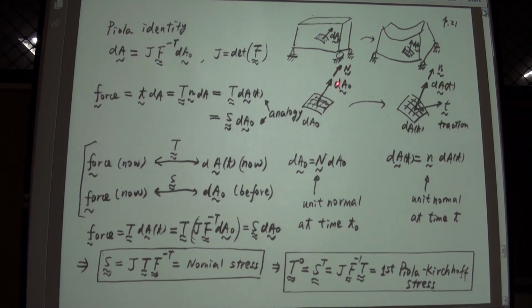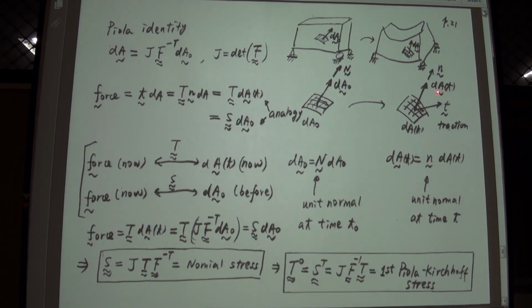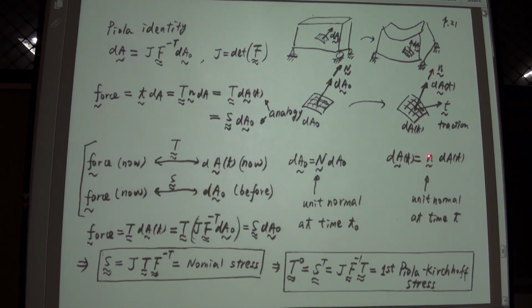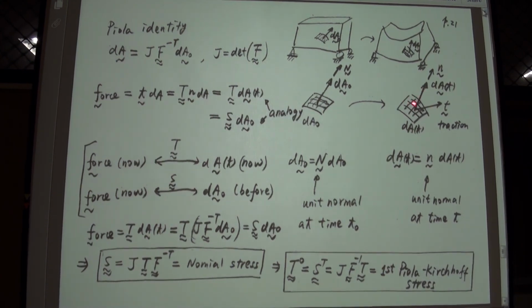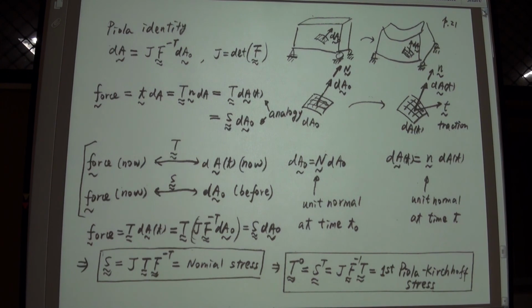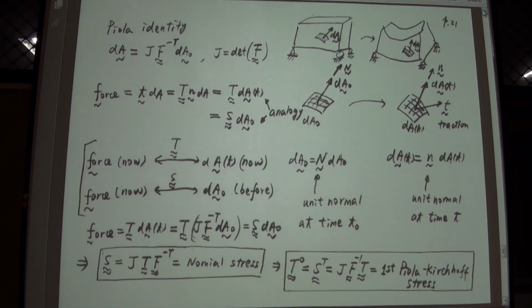Okay, we have an n here, and the dA vector is dA times small n. So in different configurations, in the current configuration we have the small n. In the undeformed configuration we have the big N as the normal vector. And now how are they related?